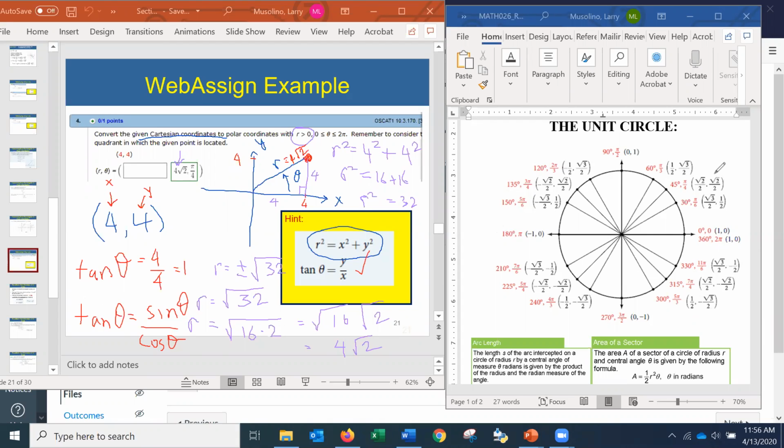The only angle in the first quadrant where that's true is 45 degrees. Because notice sine and cosine are identical here. So the answer is going to be the angle theta is either 45 degrees, or we could write it as pi over 4 in radians.